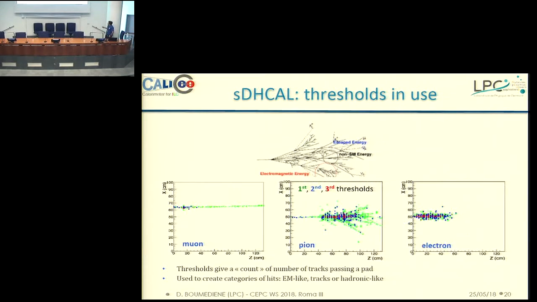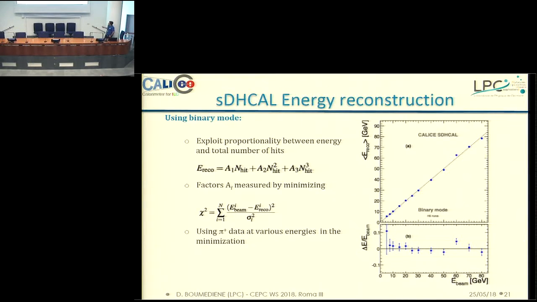Now, this can be used for simple identification. For example, here you see what we obtain with a muon, here with a pion, and here with an electron. But you can use it also for the energy reconstruction. The energy can be reconstructed in a naive way just by using the number of hits. So there is a proportionality between number of hits and energy.